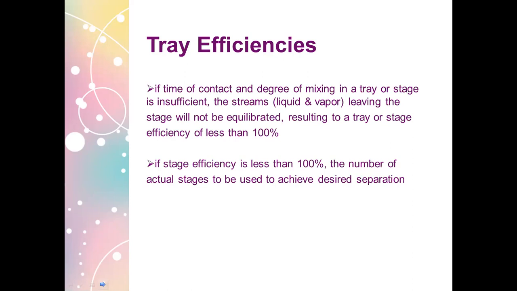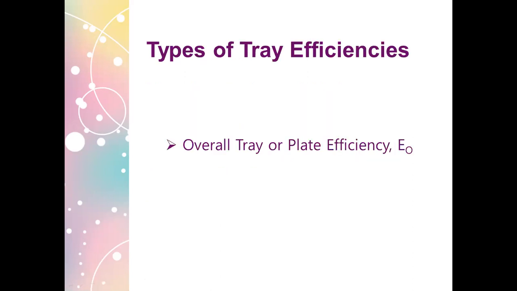The actual number that will accomplish the desired separation or recovery will be higher than the computed theoretical number of stages. So that's why we have what we call tray or stage efficiency. We will be requiring more stages than what is computed, because there's no such thing as a stage that is working 100% efficiently.